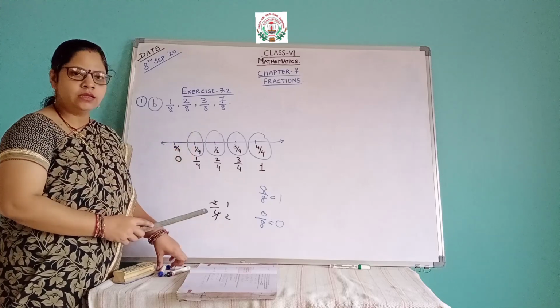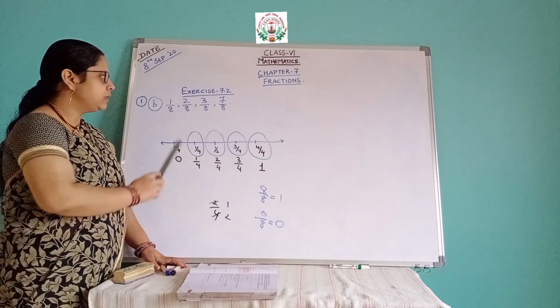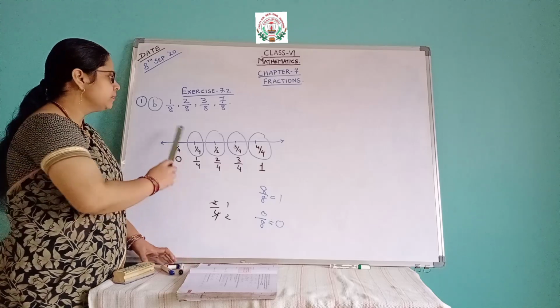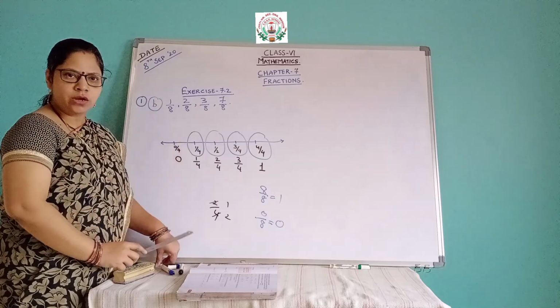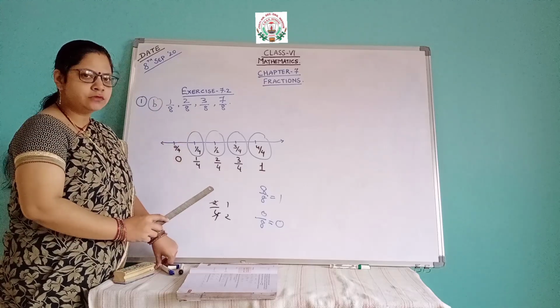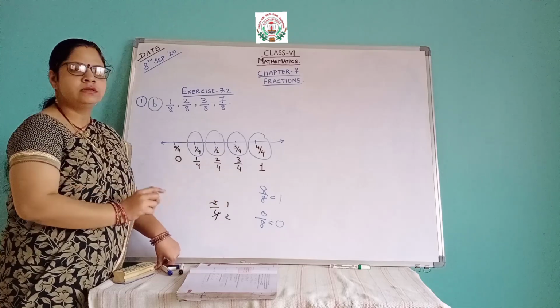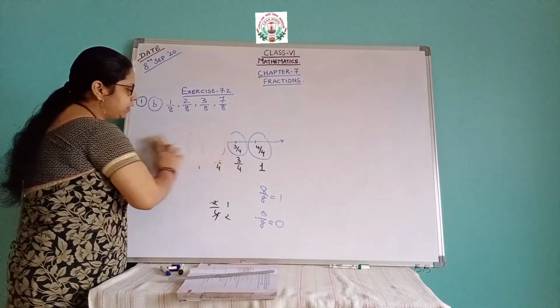In the introduction part, I have explained what like fractions are. When the denominators are the same, they are called like fractions. So these are all like fractions, means 8 equal divisions you have to mark. 8 equal divisions means the 8th division will be 8 by 8. In between, 7 markings you have to do. Let us see how it will be.